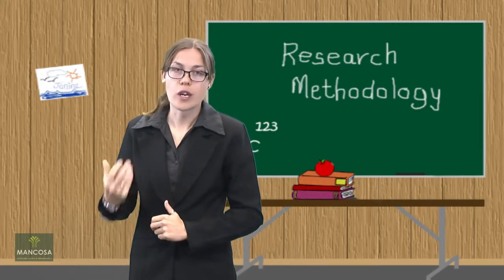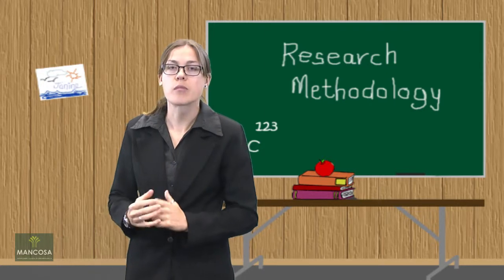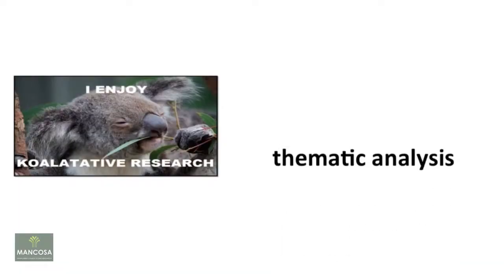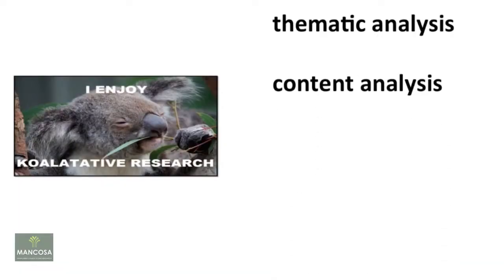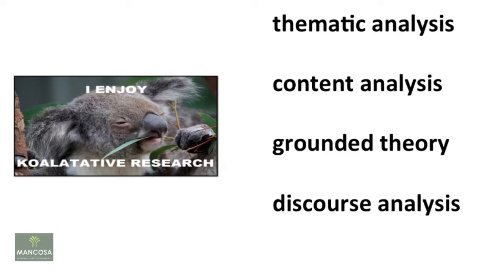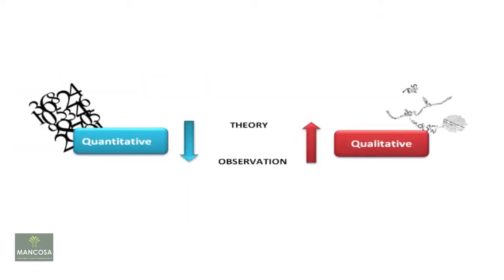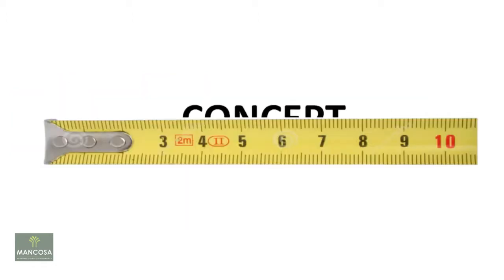When we talk qualitative analysis, we are focusing more on things like thematic analysis, content analysis, grounded theory, discourse analysis, participatory action research, and so forth. As you can see, the emphasis is not on numbers, but rather words, symbols, and the sort that cannot be measured.